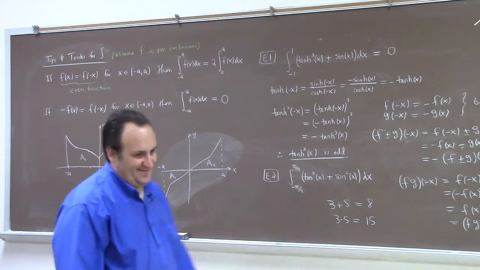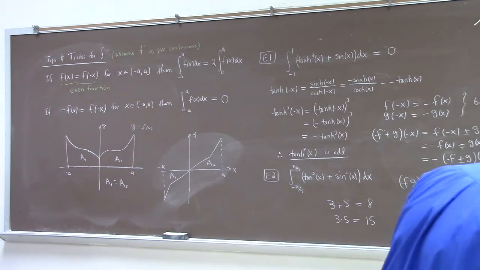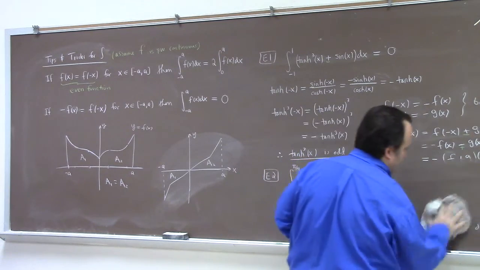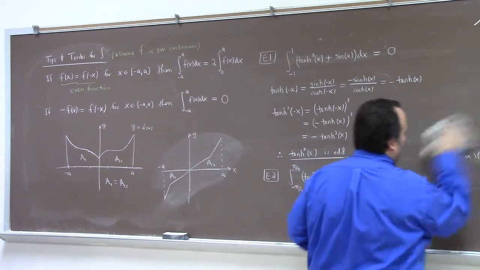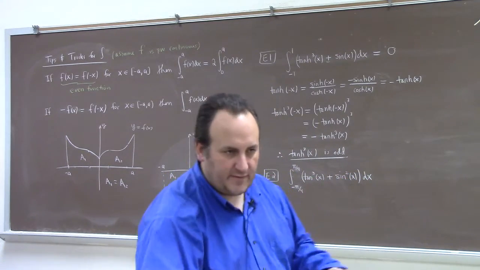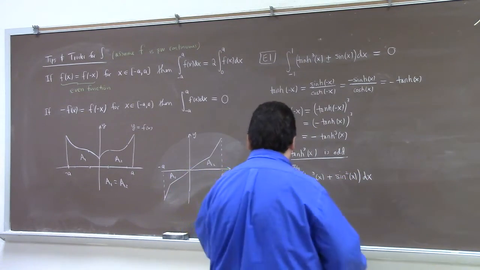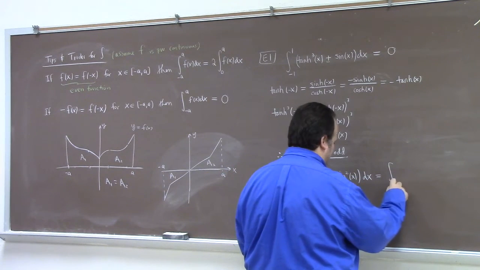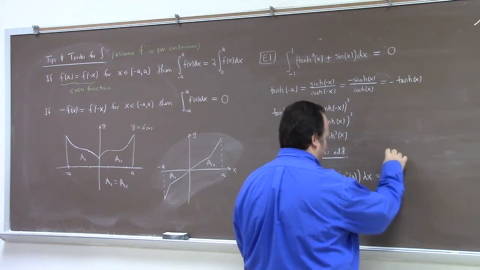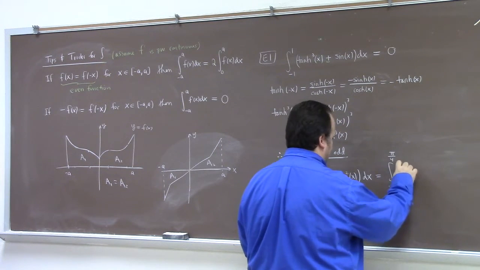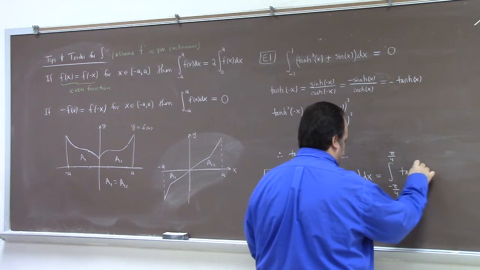Okay. So this one, we wanted to break into two pieces because the one piece is odd and the other piece is even, right? And the odd piece, by the way, I don't think we can integrate in Calculus 1. I could be wrong, but I think that's above our pay grade in here. So you've got the integral from minus pi over 4 to pi over 4 of tangent cubed x dx.